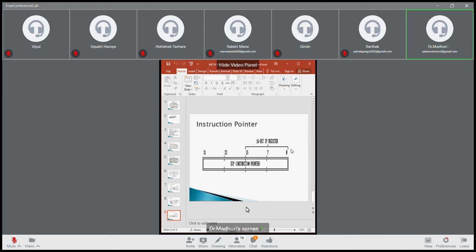So the instruction pointer will point to the instruction which is just going for execution, which is 32 bit. I think this is the instruction pointer.